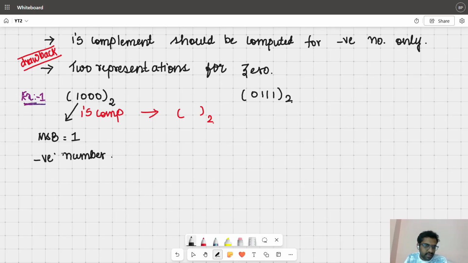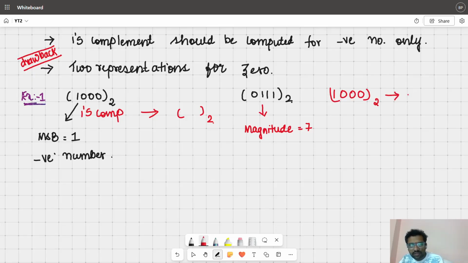So here it's a negative number and the magnitude is 7. Therefore, 1000 to the base of 2 in the ones complement representation represents minus 7 to the base of 10.